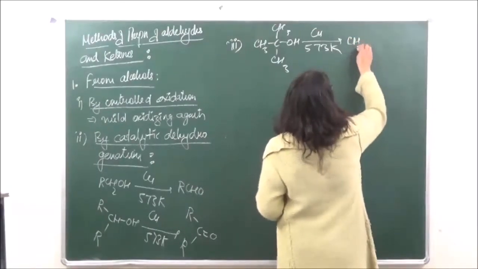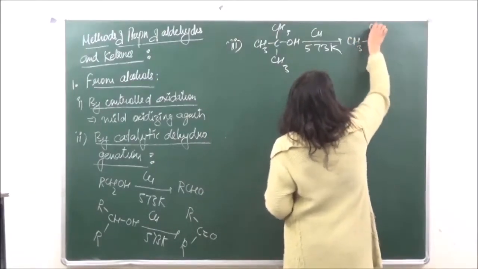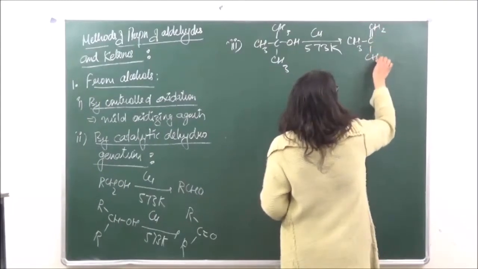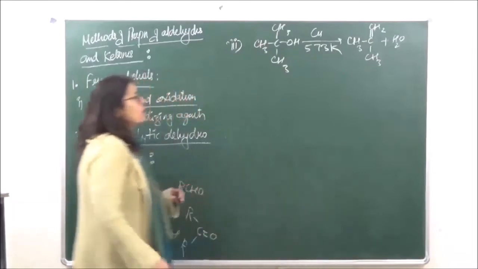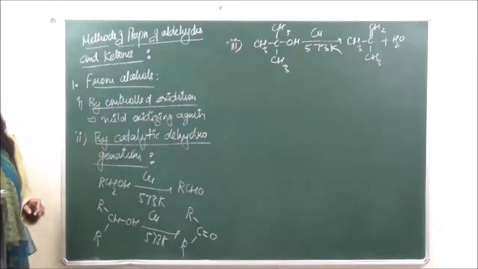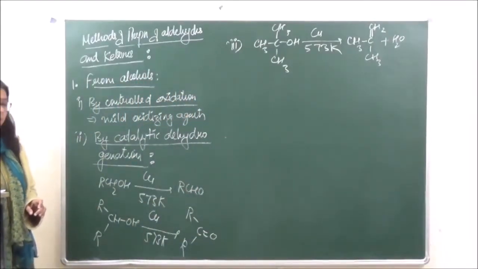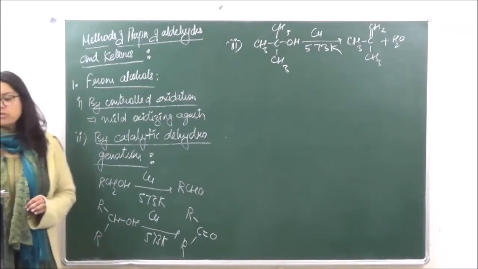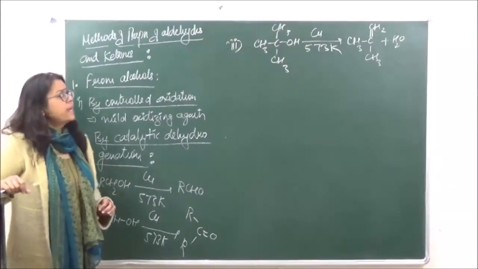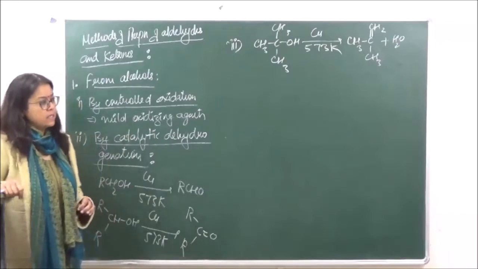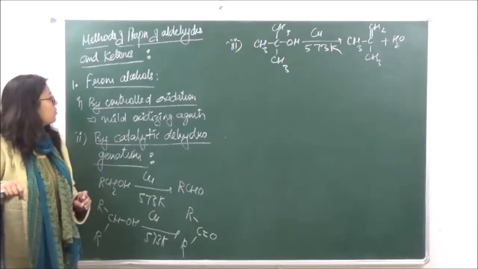So instead of dehydrogenation, it is dehydration which is going to take place over here, that is, a removal of water molecule. So primary on dehydrogenation is going to give us an aldehyde. Secondary on dehydrogenation is going to give us a ketone, and tertiary does not undergo dehydrogenation but prefers undergoing dehydration, thereby giving us an alkene. So this is the first method from alcohols.